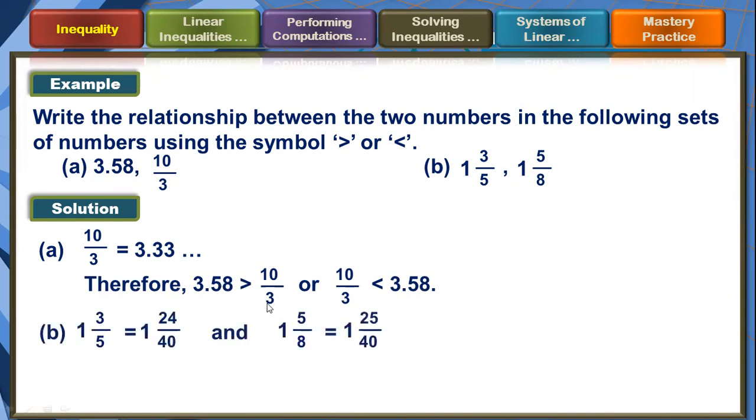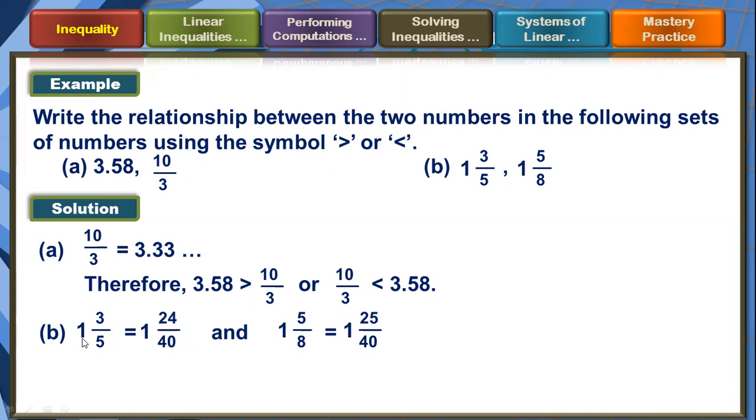Here for letter B, to know if they are greater than or less than in comparing, we have to change first the fraction part into similar fractions. To do that, we have to find the LCM, or the least common multiple, of 5 and 8. We can just multiply them. The answer is 40.